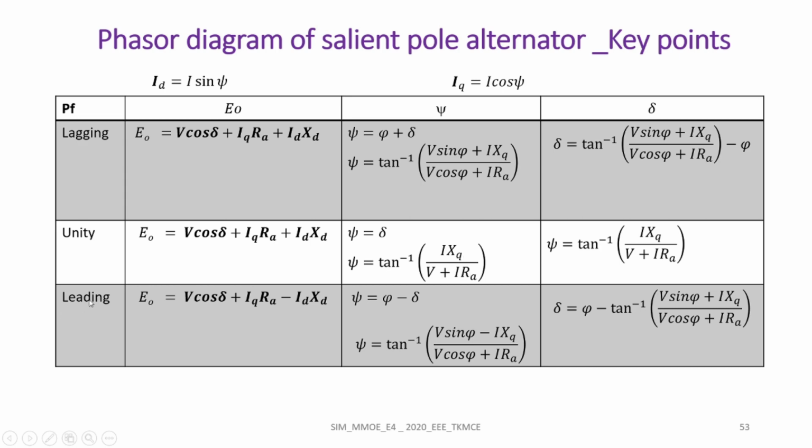Then corresponding to leading power factor case, here it becomes negative, that is the expression becomes V cos delta plus IQ RA minus ID XD, and different angles are related like this. Psi is equal to phi minus delta, psi is equal to tan inverse V sin phi minus I XSQ divided by V cos phi plus I into RA.